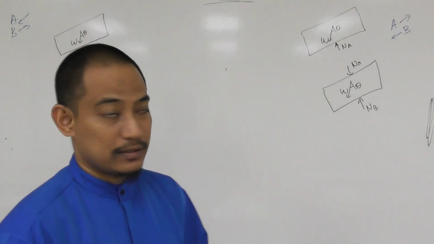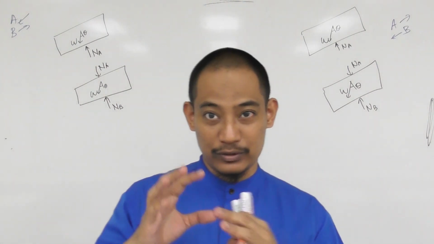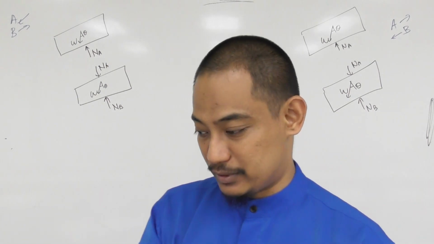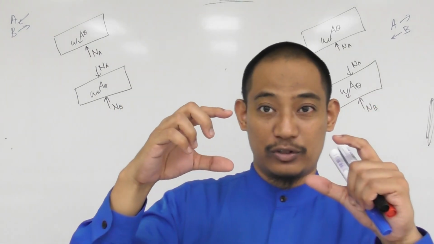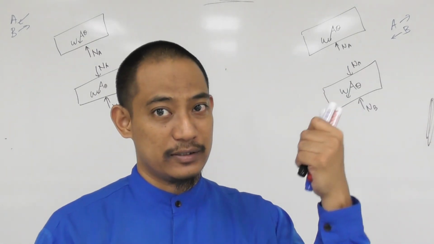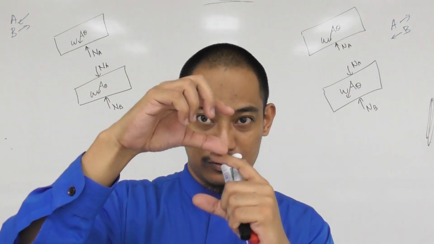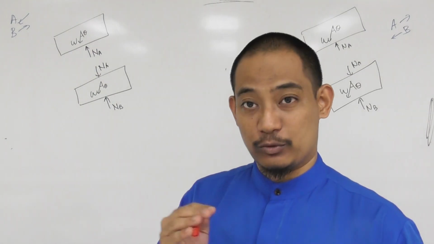If you do not remember the original question, you can go back to the image and look at it again. On this side, we assume block A on top is going down while block B is going up. In this case here, we assume that block B is going down and block A will go up on top of it. That's the difference, and that will make the friction different, right?